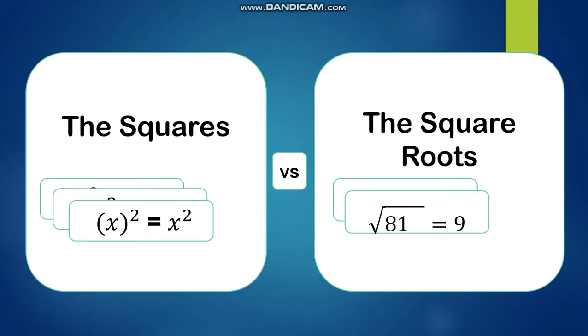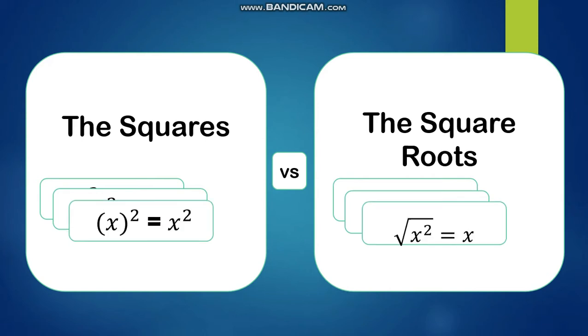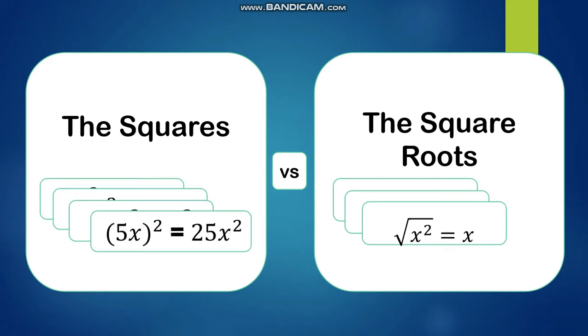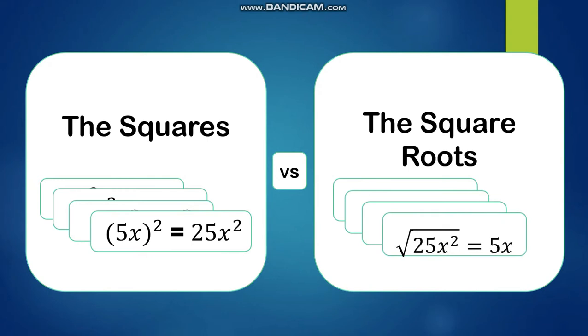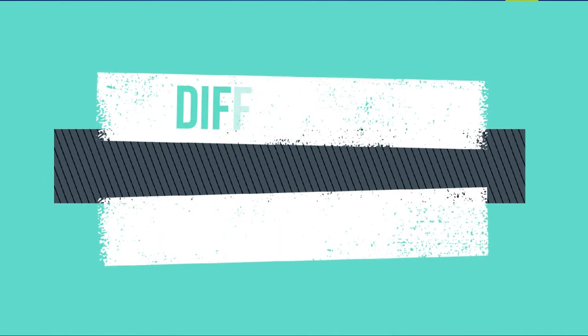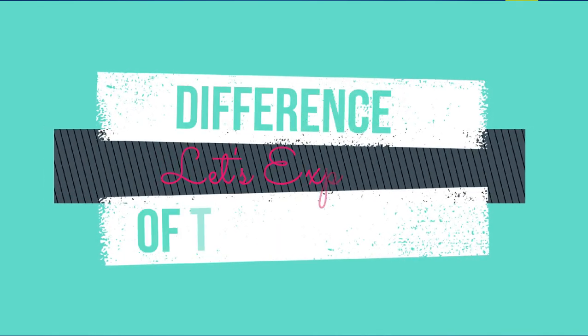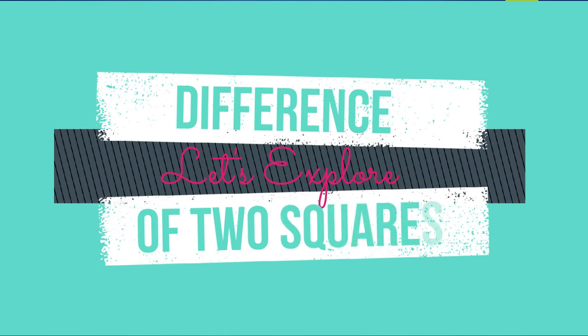X squared is a perfect square because the square root of x squared is x. And 25x squared is a perfect square because the square root of 25x squared is 5x. Now you already have learned about squaring a number and finding the square roots of a number. Now, let's apply the two concepts in factoring the difference of two squares.